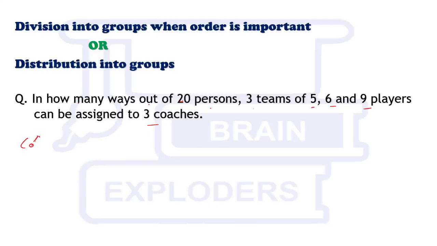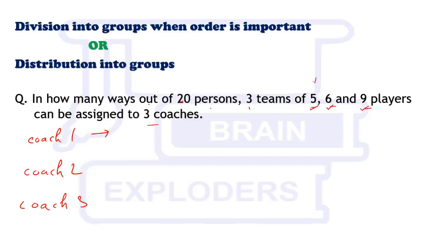Suppose there are coach 1, coach 2 and coach 3. To coach 1 we have to assign a team. There are 3 possibilities. We can assign him a team of 5, or a team of 6, or a team of 9.